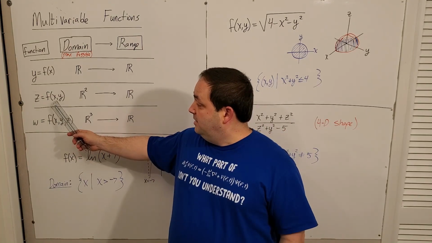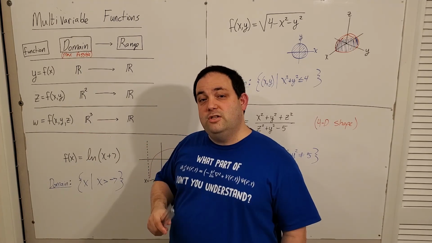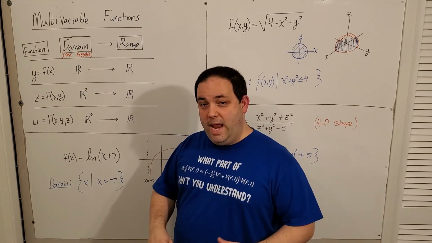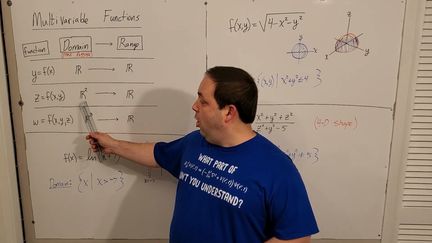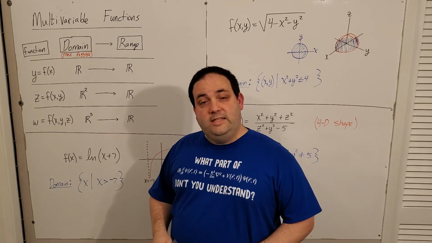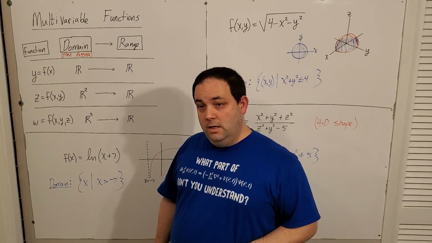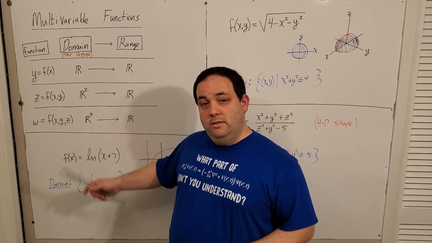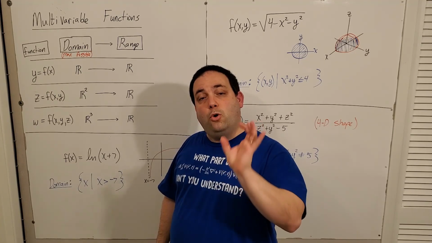But in any case, I have more than one input variable, which changes the type of domain that I'm going to be using. The domain is R2, is what we say. That is the XY plane of points. So an input here is not just a value, it's an ordered pair.